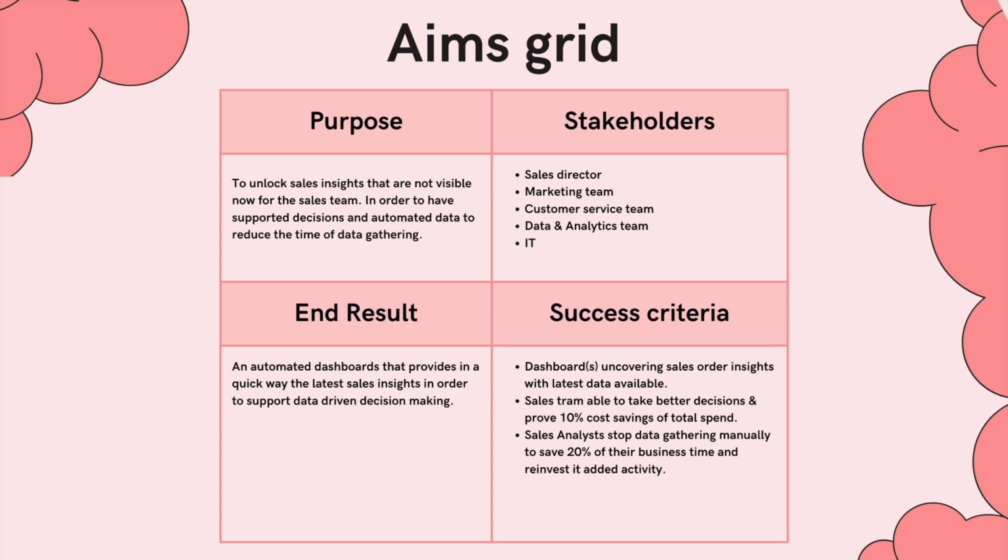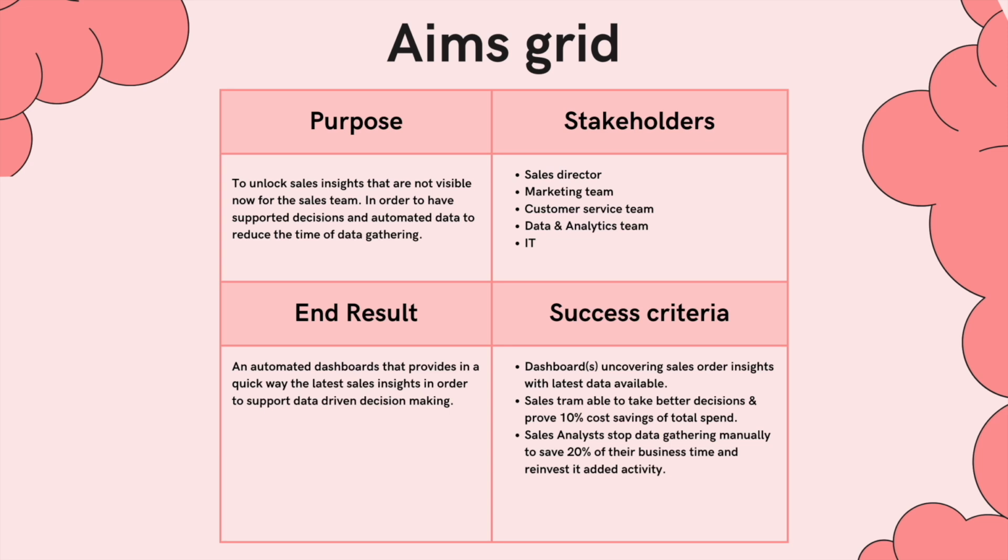For the end result, we want more than one automated dashboard that will provide us with a quick way to see the latest sales insights in order to support data-driven decision making. For the success criteria, we obviously want the dashboards to uncover the sales and update daily, so the people in the company will have the latest data.